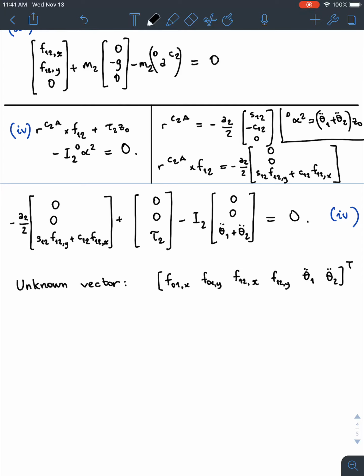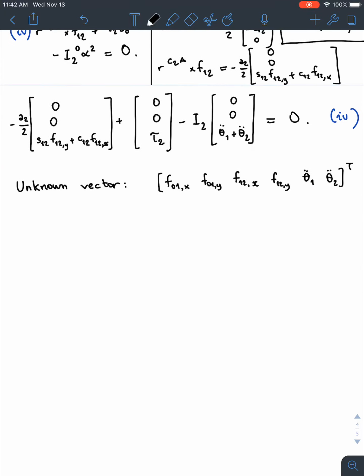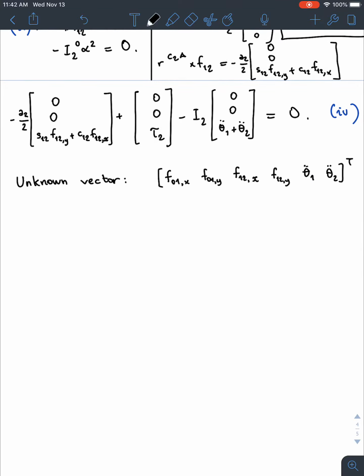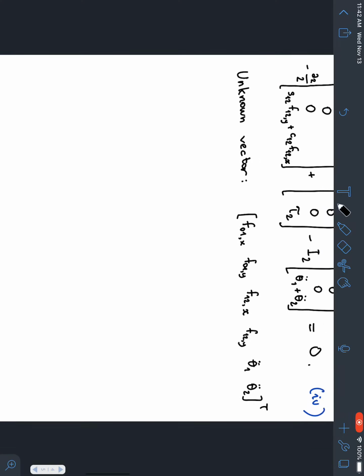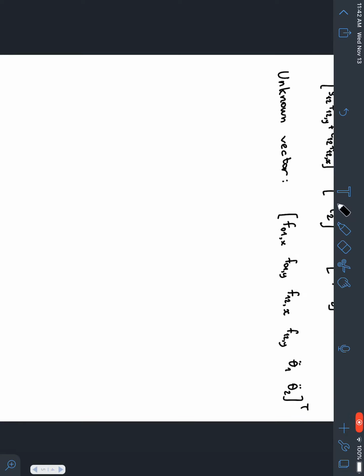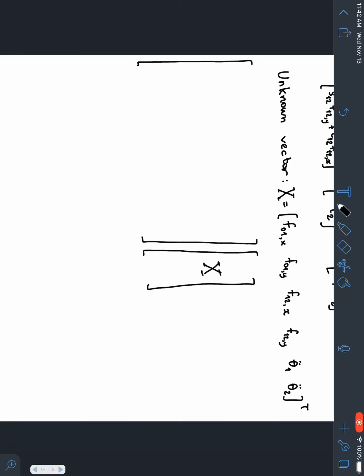In order to write this, I might want to turn my screen here because otherwise it might not fit. What I need to find is a 6 by 6 matrix times this unknown vector. Let's call this unknown vector capital X, equals some known vector B. That's what I want to do.